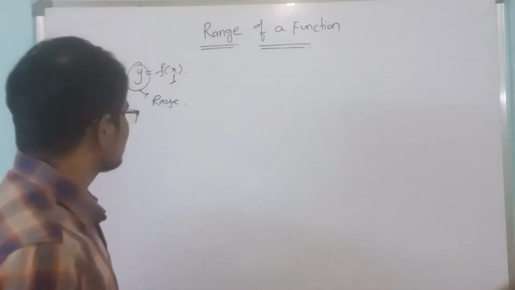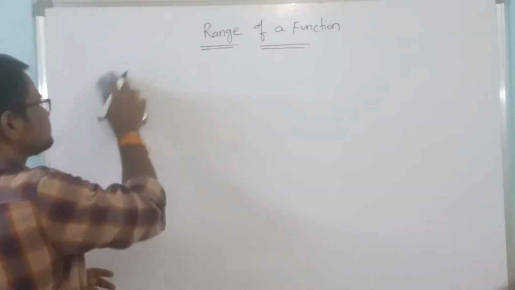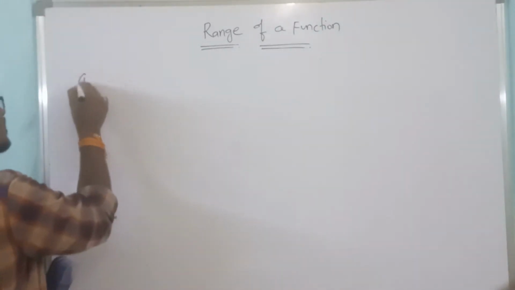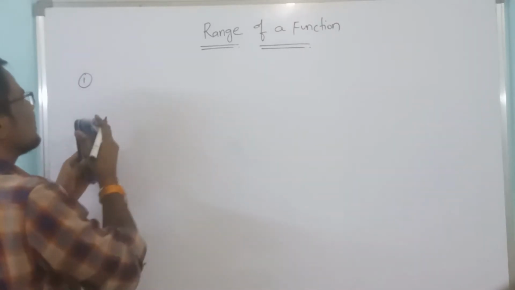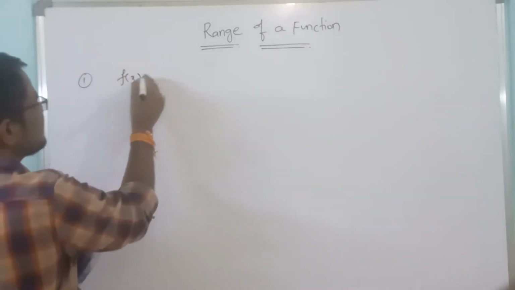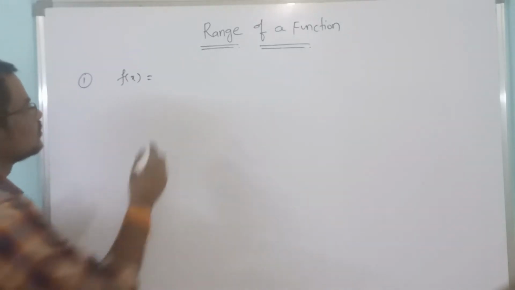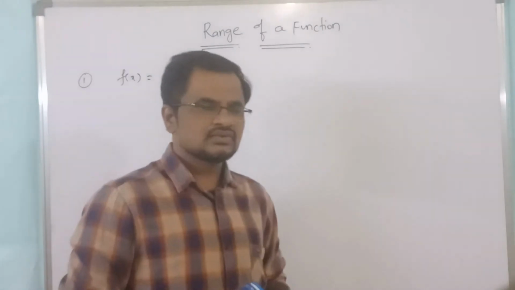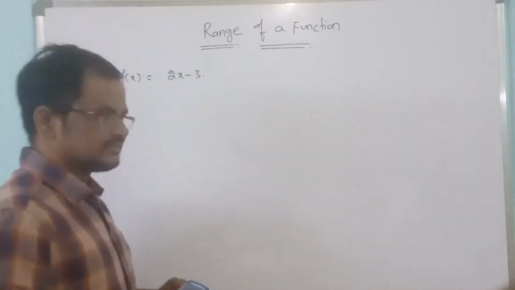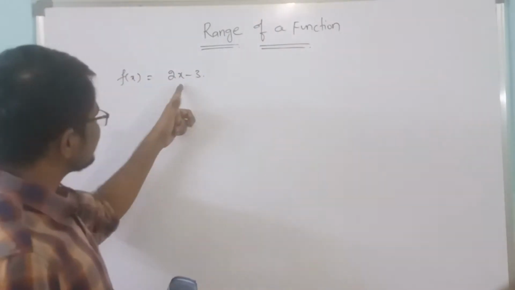The range of a function. For example, they gave one linear function, f of x equal to 2x minus 3. So we have to find the range of this function, right? The domain of this function is the real numbers.